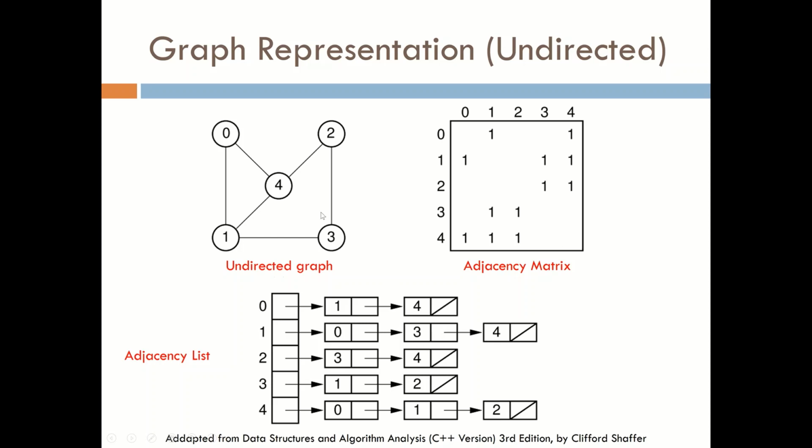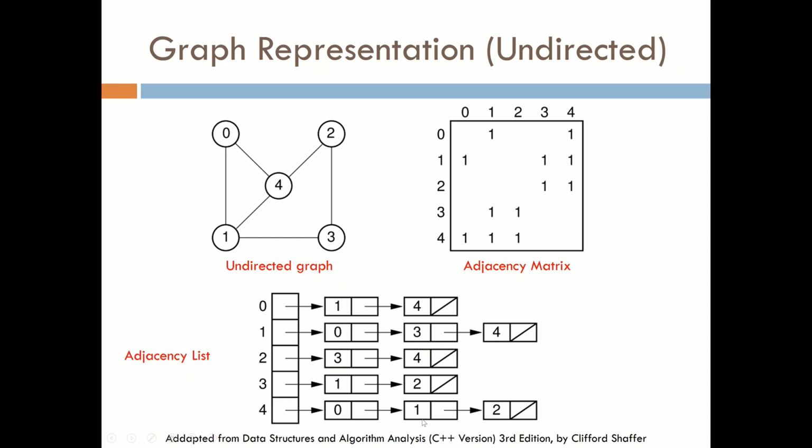That same graph can be represented in an adjacency list by just having each element in the array be a pointer to a linked list, and then simply adding the adjacent vertices as elements in that linked list. So here we see that 0 connects to 1 and connects to 4, and that's the same as the graph up here, 0 connecting to 1 and to 4. 2 connects to 3 and 4, okay, and that's what we have here as well. 4 connects to 0, 1, and 2.